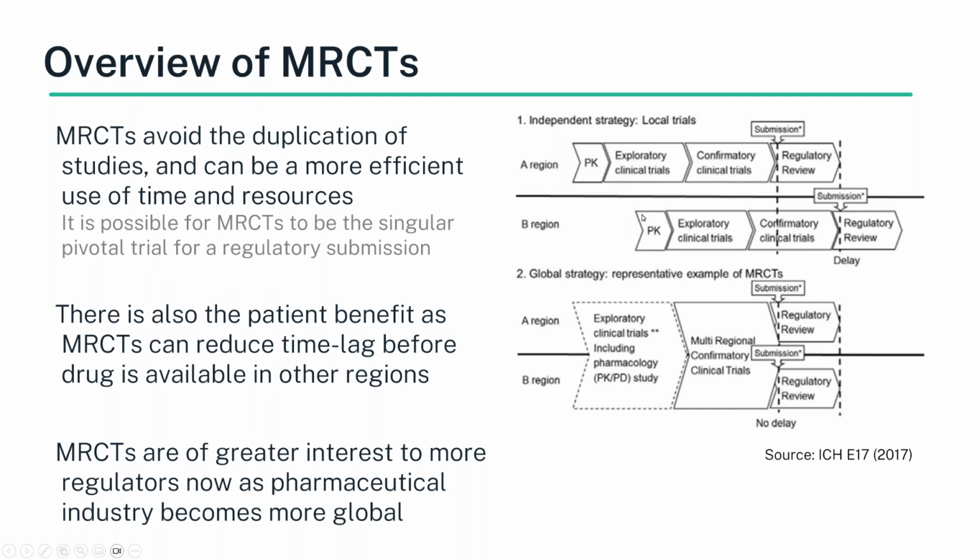Whereas on the other hand, in the global strategy, the single protocol is discussed with all the relevant regulators from the outset, and all of the planning is done, and the different design considerations that we're going to talk about in a while have been considered.